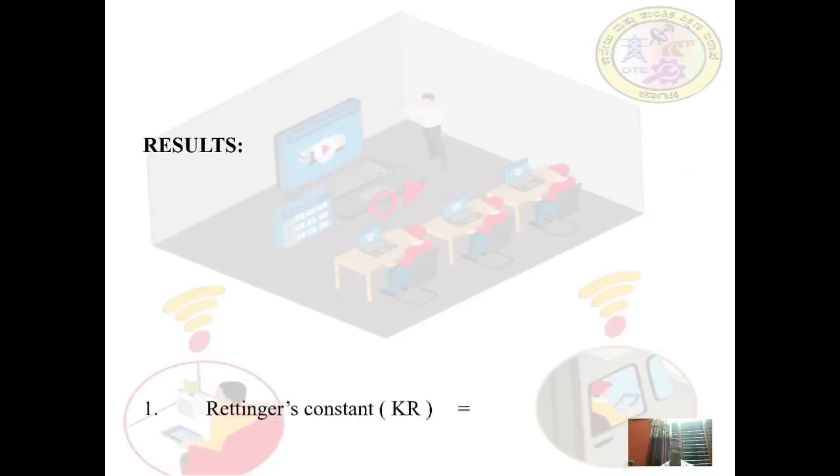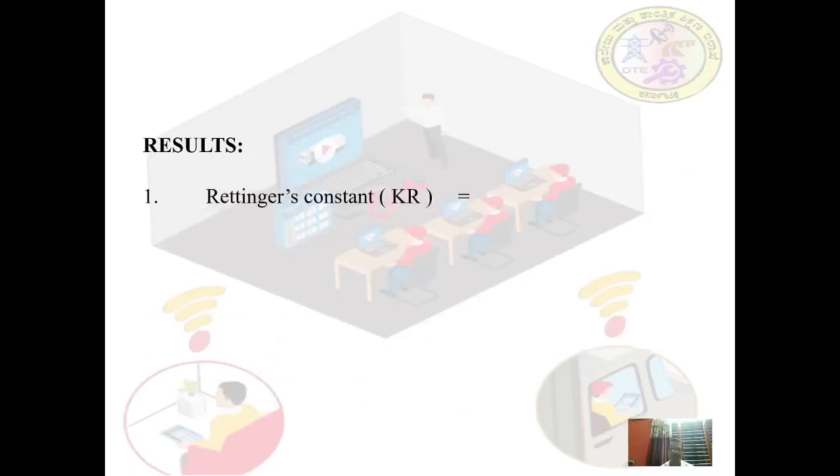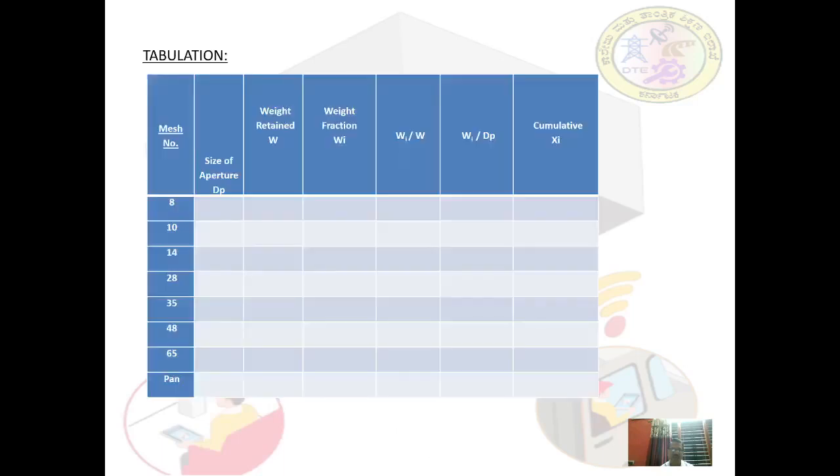Results: we have to calculate the Rittinger's law constant and Kick's law constant. Let us see the tabular column. This is the tabular column. Here we have taken the mesh numbers 8, 10, 14, 28, 35, 48, 65 and a pan.